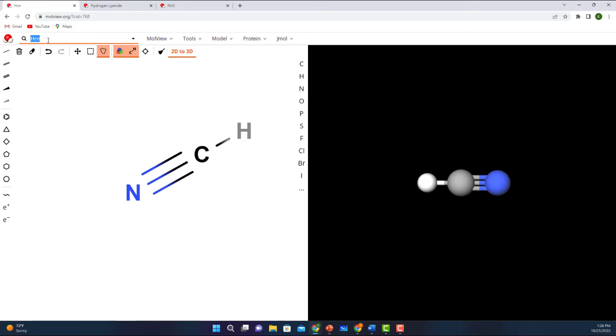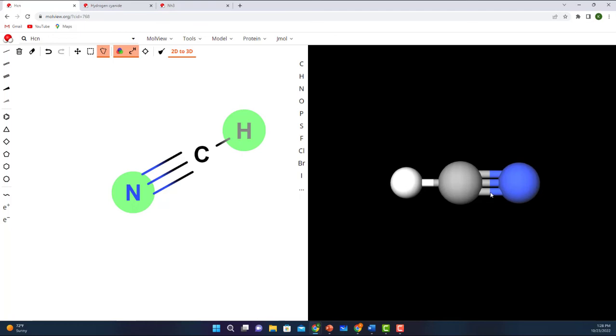You can just type in HCN and the compound comes up, and we can see that there's a triple bond to this nitrogen. So this is 1 steric number, and here's our second steric number. So 2 things around that central carbon. And then over here, we can move around and we can see that this is a linear molecule.